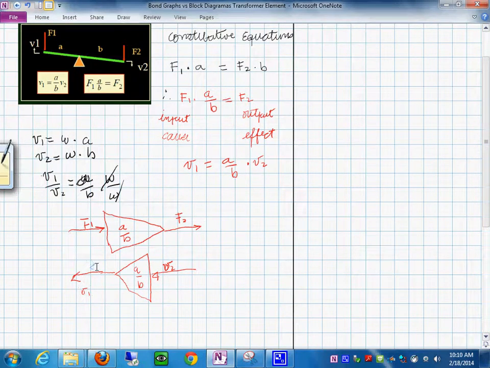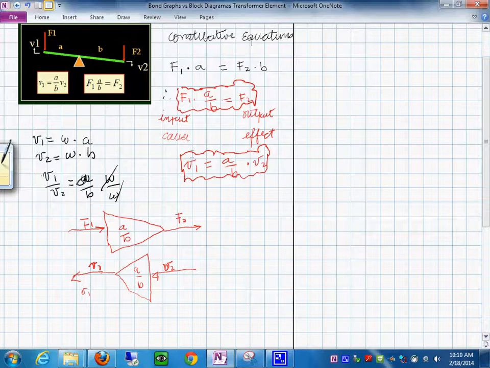This is v sub 1. So this is our block diagram. This block diagram represents this equation, like that, but also this equation, like this.